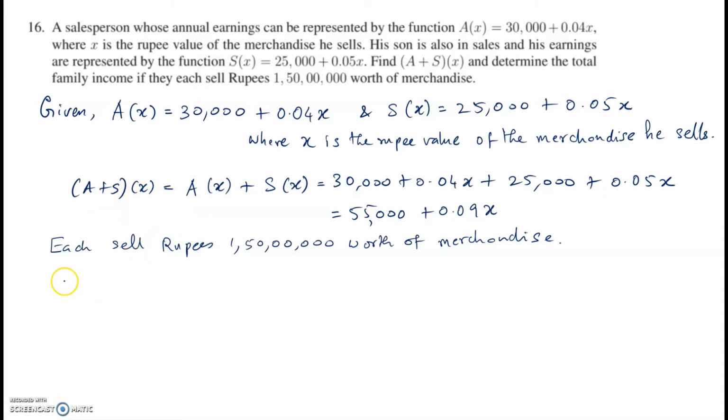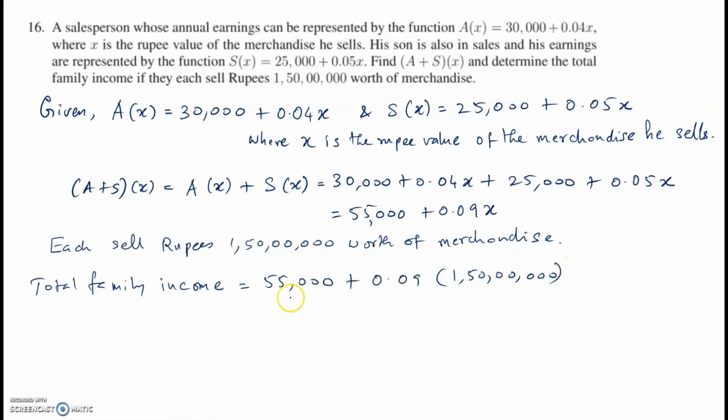So therefore, the total family income will be equal to 55,000 plus 0.09 into 1 crore 50 lakh in terms of rupees.